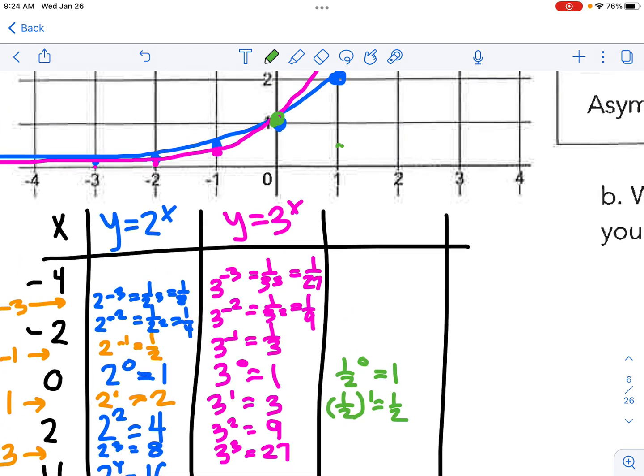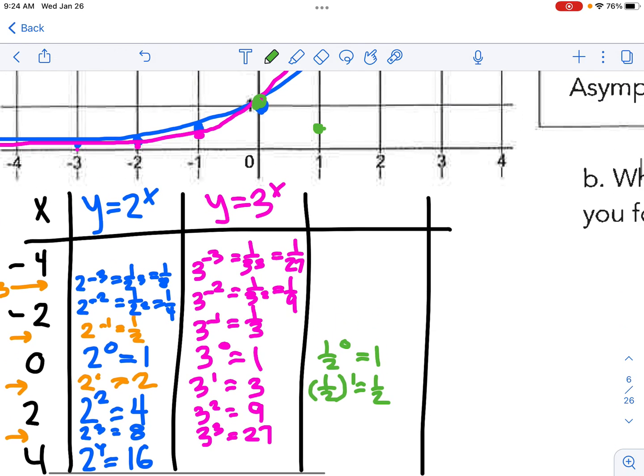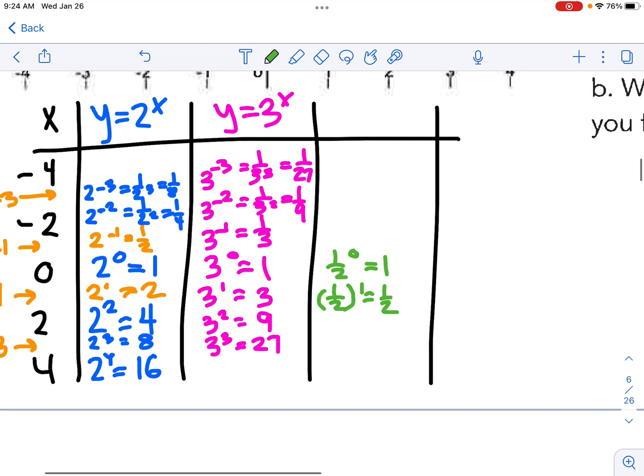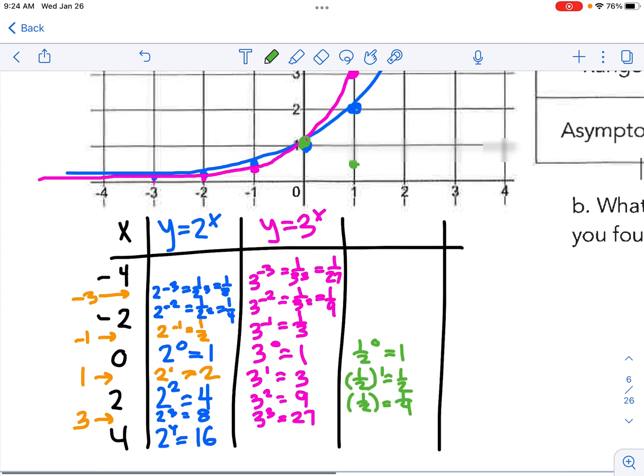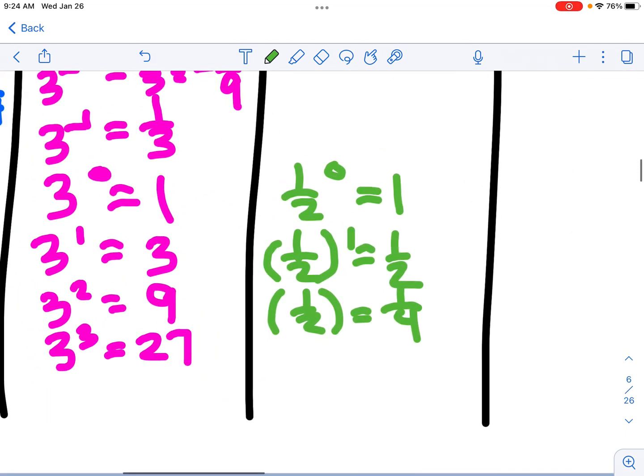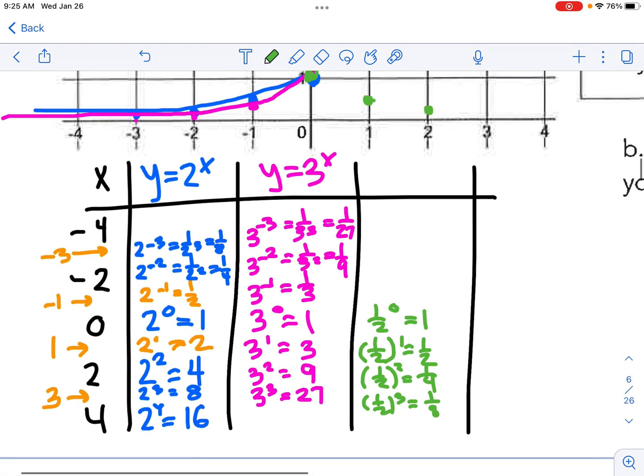So when we have positive power, since our base is a fraction between 0 and 1, now these values are starting to decrease as we go to the right. A half squared is a half times a half, which is a fourth. So then we're right about there. And a half cubed, half times a half times a half, is an eighth.